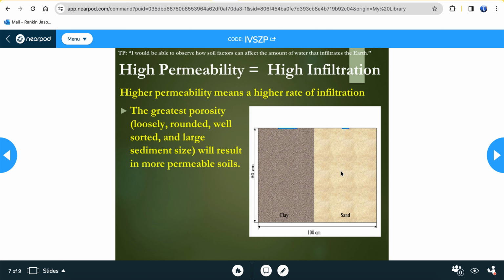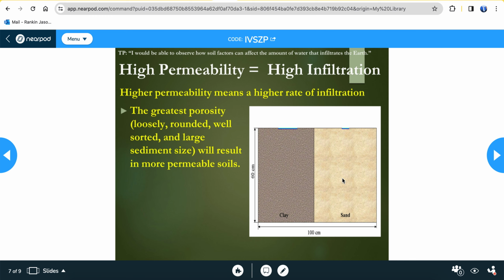If you look at the ranges of these sizes, we can see that sand grains are bigger than clay grains. Clay would have smaller pore spaces. Water can pass through, but not fast. Sand grains, water can pass through, but faster than clay. But sand is not the fastest.